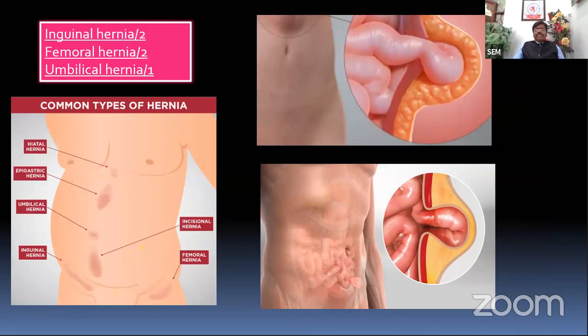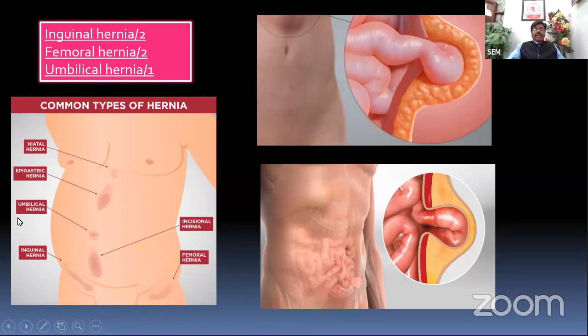Other common conditions you already know as undergraduates by this time. Various types of hernia are prone to obstruction, like inguinal hernia on both sides, femoral hernia, especially in elderly females, and umbilical hernia, where a knuckle of bowel can go. That is called a rectus hernia. Out of all these various hernias, the most important is femoral hernia, never forget.